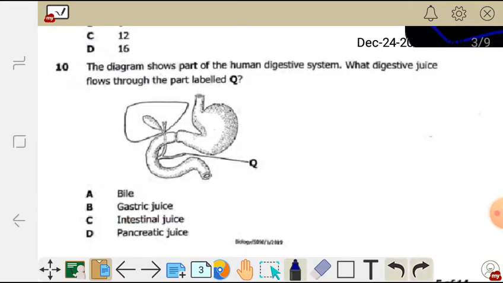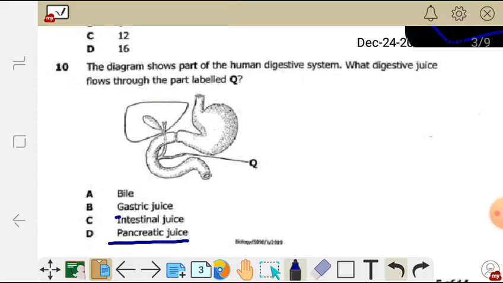So the pancreatic duct joins with the bile duct coming from the liver, and forms that duct which drains into the duodenum, which is the small intestine. Okay, so the fluid there is the pancreatic juice, because that duct is coming from the pancreas.